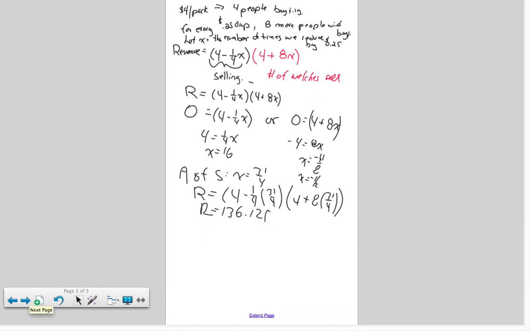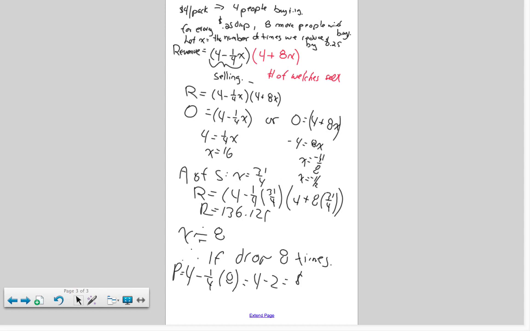So here, x is roughly 8, right? So therefore, I drop by 8. If I drop 8 times, my price is 4 minus 1/4 times 8, which is 4 minus 2, which is $2.